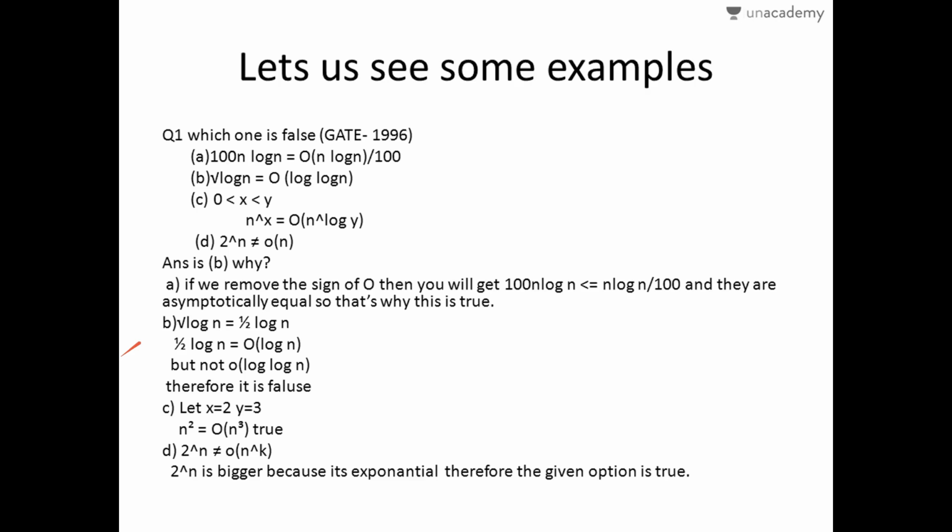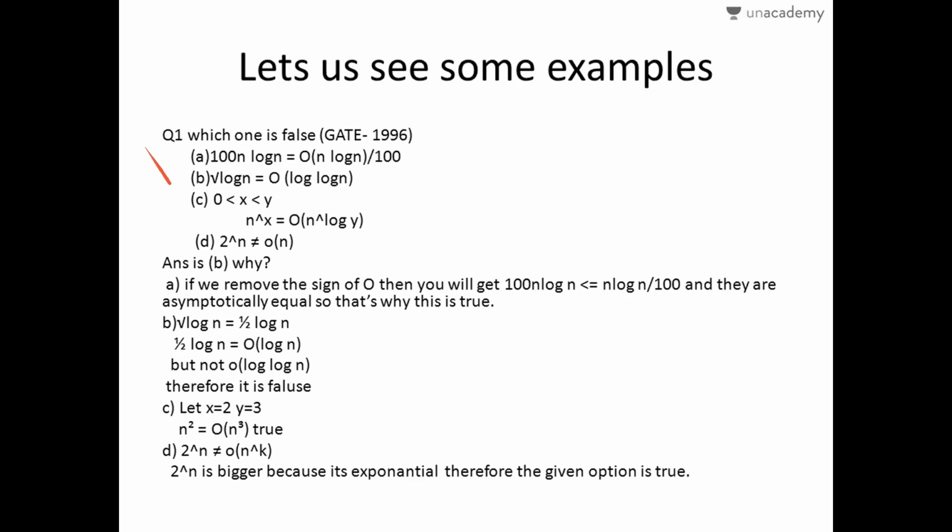So in the question, it is saying that log n value will be smaller than or equal to half log n. So that's why this condition is false, because in actual the value of log n is greater than half log n. So this is our answer.